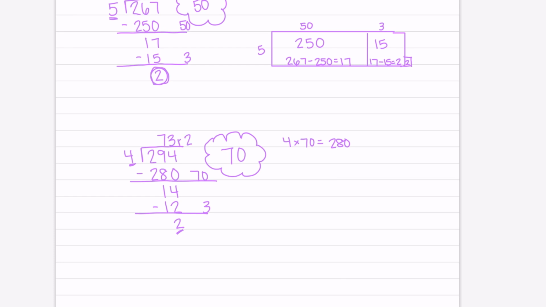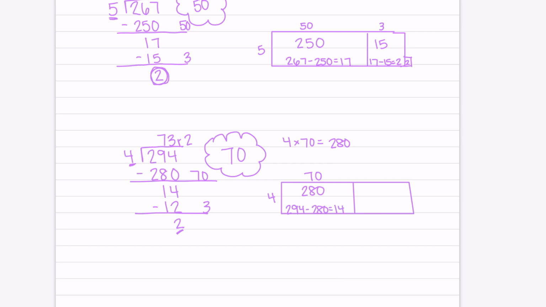Let's look at what this would look like in an area model. Label with my known dimension. 4 times 70 is 280. Started with 294 and I'm taking away 280.